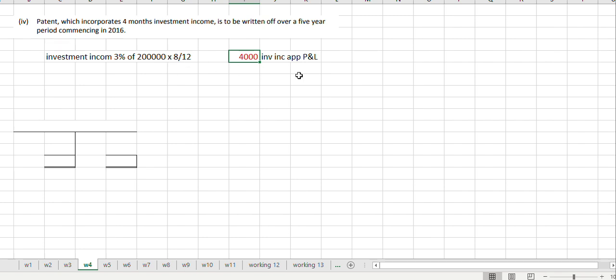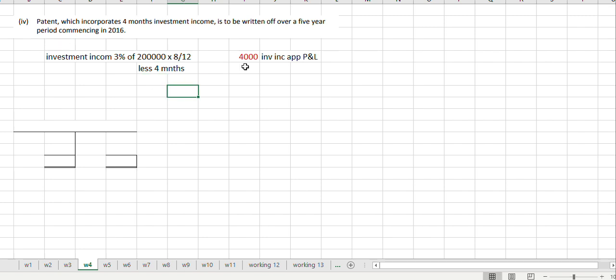Now, that's 8 months. So we were told that patents incorporate 4 months. So quite simple maths there. You're going to take away, so less 4 months.